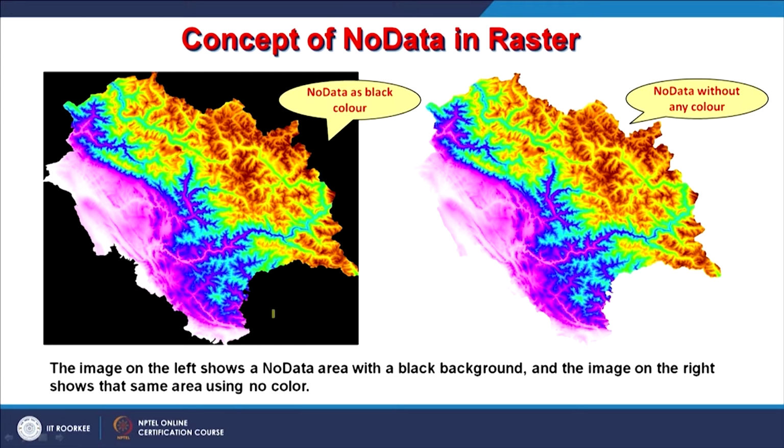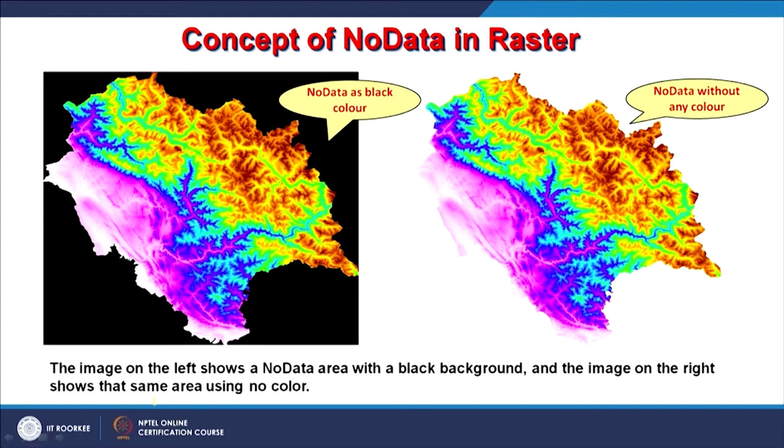If the background of my screen is also black, then I will not see any problem. But if it is white, then I would be seeing these black areas, and black areas are nothing but no data. Just as I have said, colors do not matter in GIS. What matters is the value.